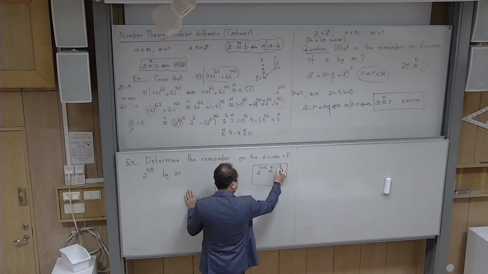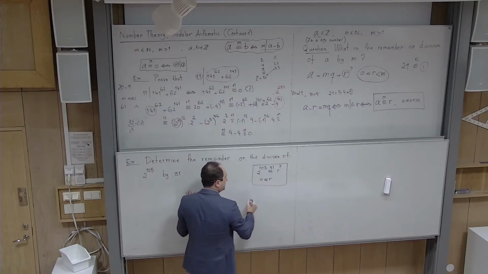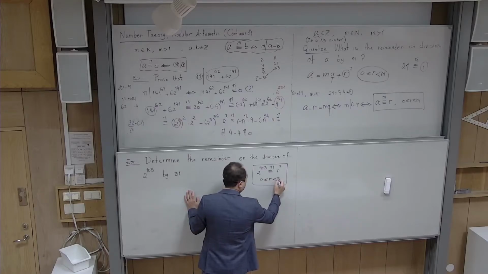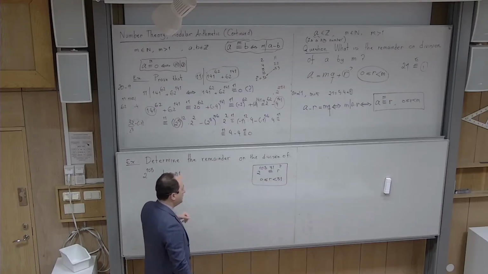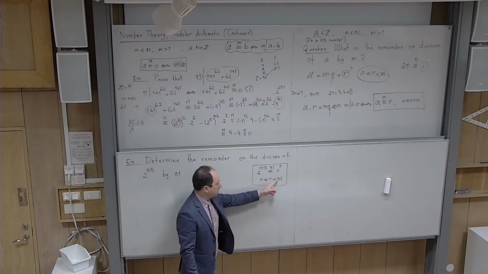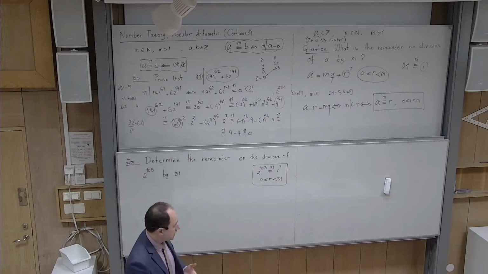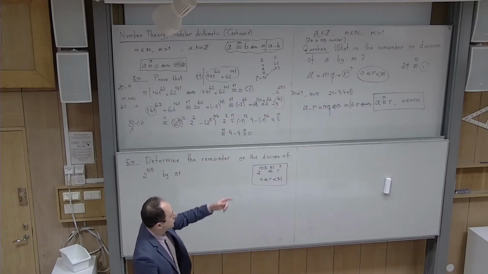Where R is missing. But R should satisfy this condition as well. It should be greater than or equal to 0 and it's strictly smaller than 31. If you can manage to answer this question mark where this number satisfies this condition, that is the answer to the problem. But I want you to understand, do you understand that? That's exactly what I told you there, yes?